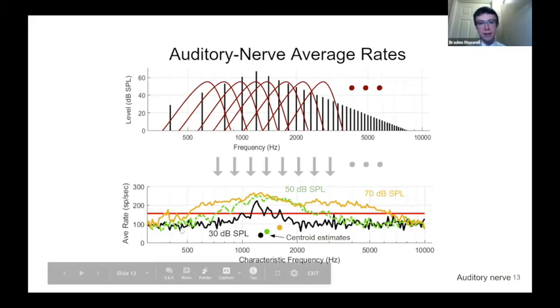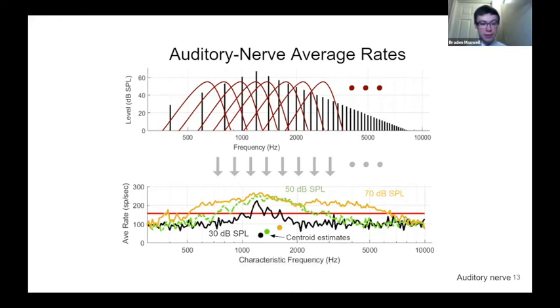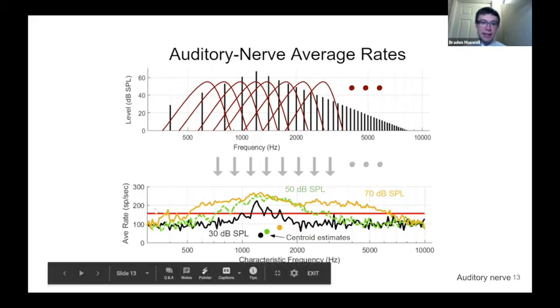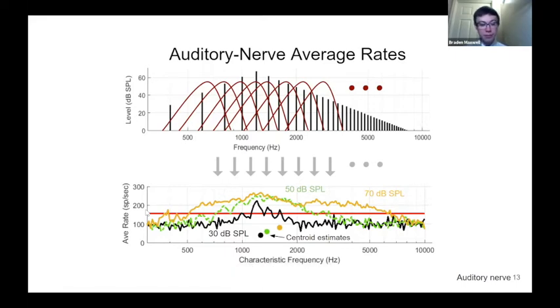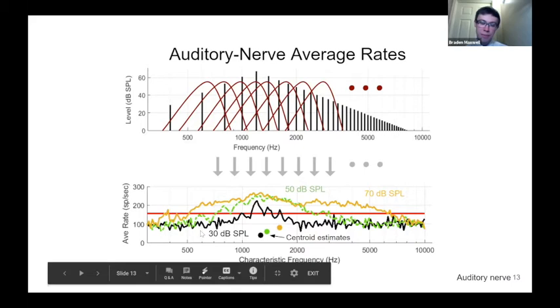These are average rates across a tonotopic population. So the x-axis here indicates the cochlear region from which the auditory nerve receives input. The y-axis indicates the activity of the neurons, so higher on the axis is more activity. And as you can see, at very low levels, represented by this black curve, there's a very clear representation of the centroid of this stimulus.